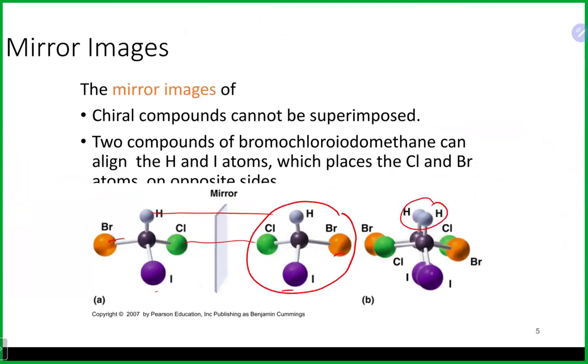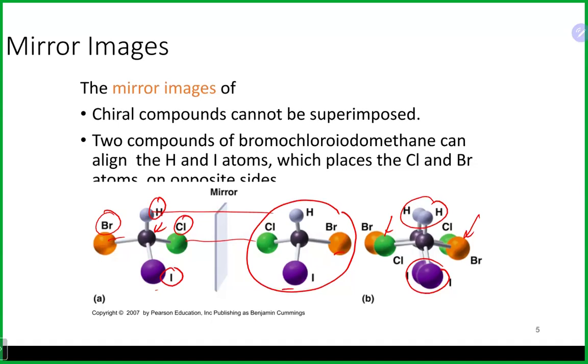You could get a couple of things to line up, but these guys will always be in the wrong orientation because they really won't fit perfectly. And again, that is a chiral carbon in the middle, as it has a hydrogen that's different than a chlorine, that's different than an iodine, and that's different than a bromine. So those are four different groups attached to it.